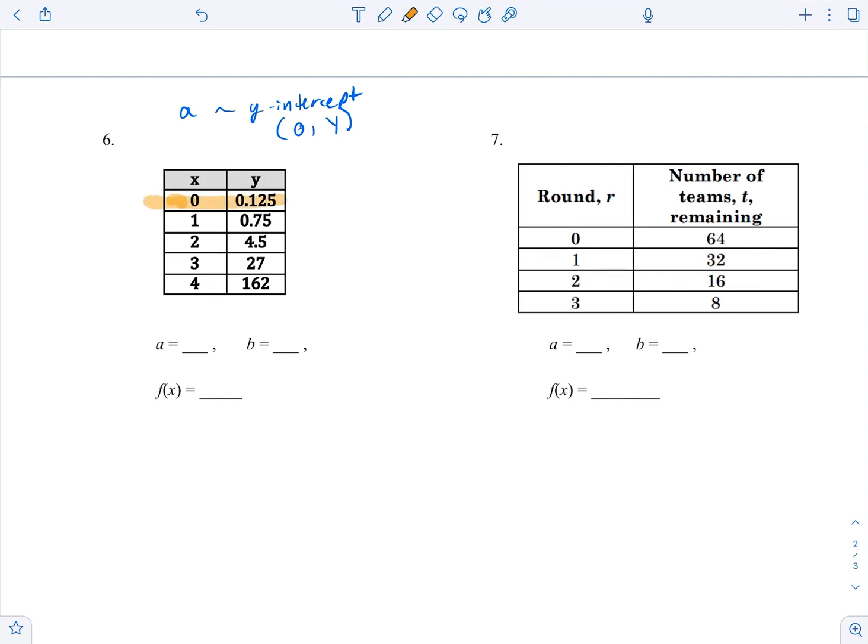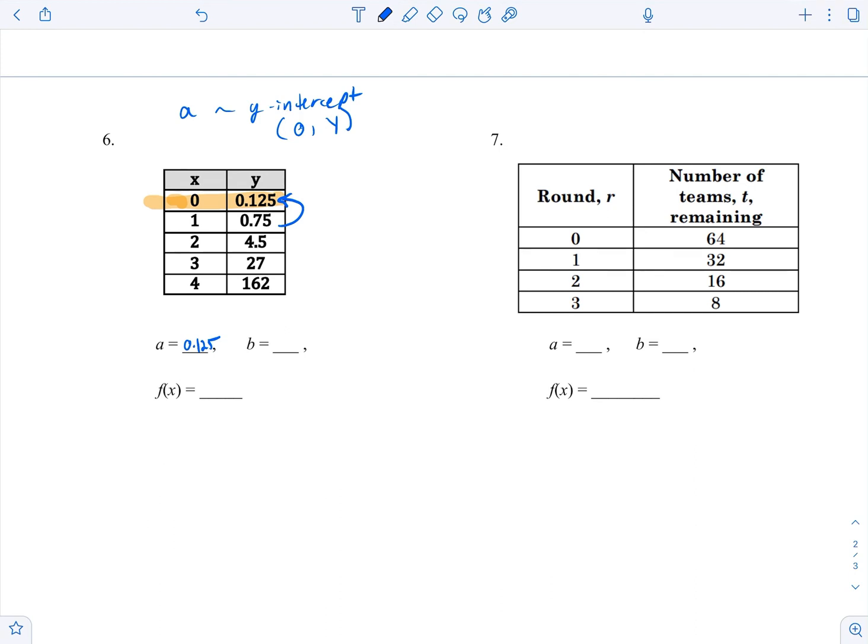We can look right here and see that our y is 0.125 and x is 0. So that's our y-intercept, 0.125.